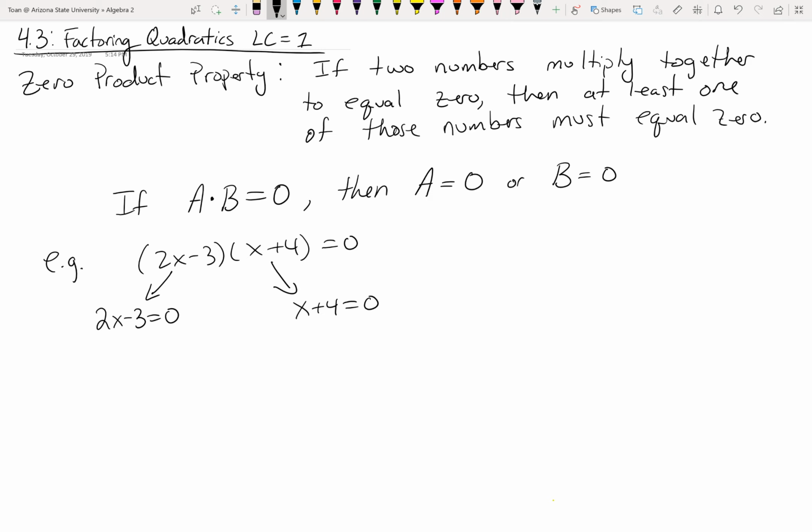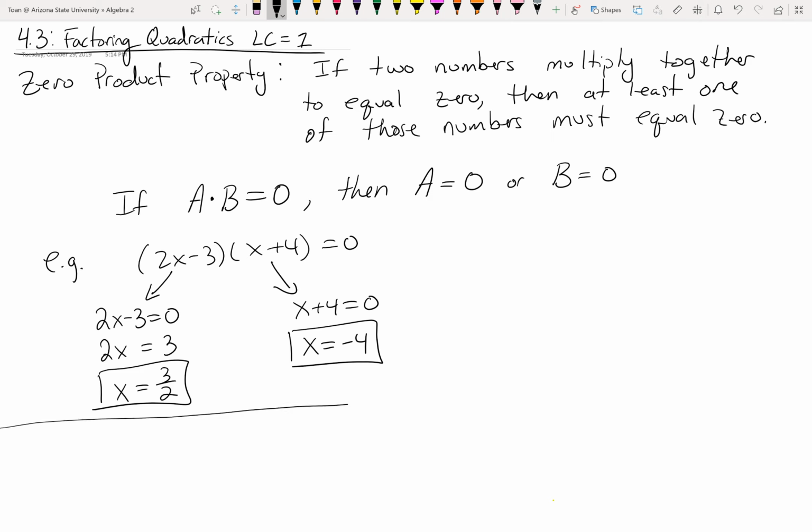Let's work on the left equation. We're going to add 3 to both sides, and then divide both sides by 2, so we get 3 halves. Working the right equation, we're going to subtract 4 from both sides, and you get these two answers here. So that's how we solved for the x-intercepts yesterday when the equation gave us a factored form.